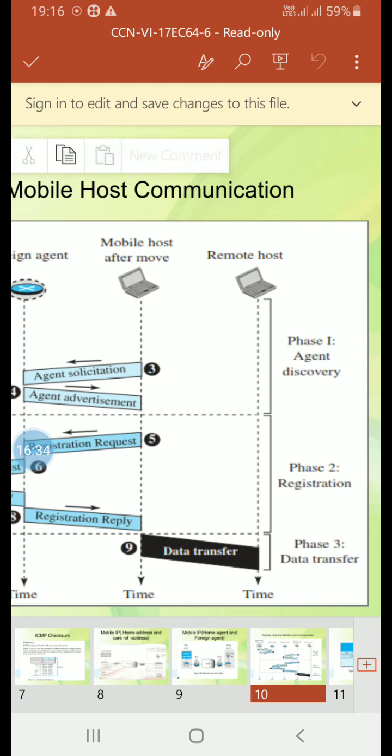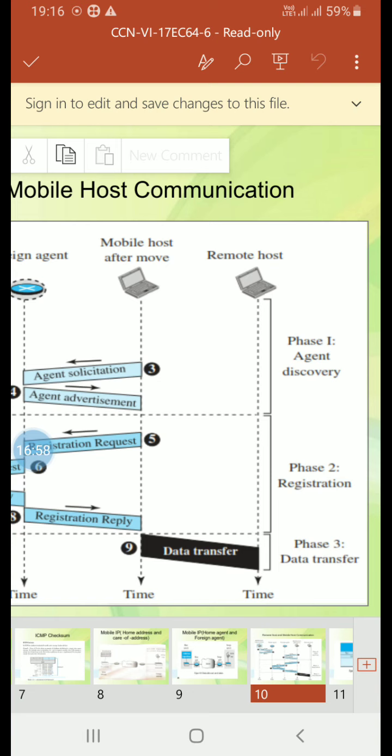The first phase, agent discovery, involves the mobile host, foreign agent and home agent. Registration also involves the mobile host and the two agents. In data transfer, the remote host is also involved.